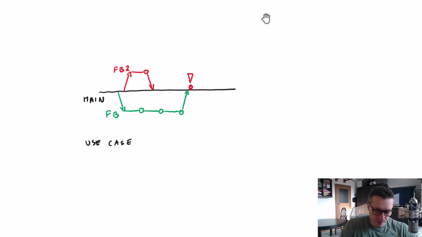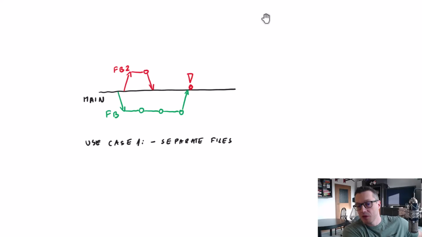Use case 1 will be about making changes in completely separate files. So user 1 and user 2 will be working on different files, and we'll see if this can trigger a conflict or not.